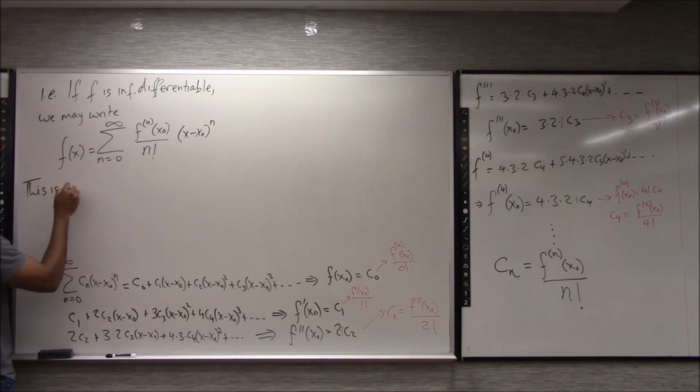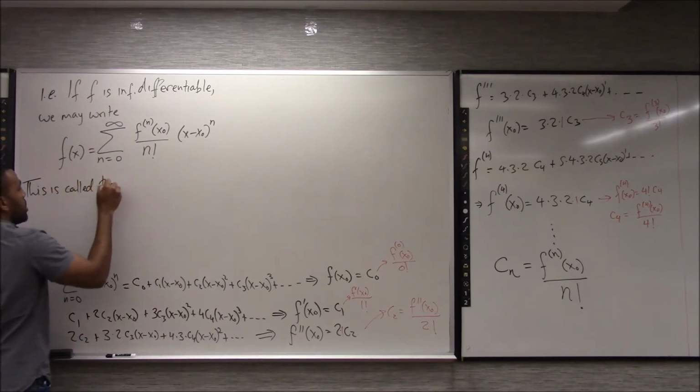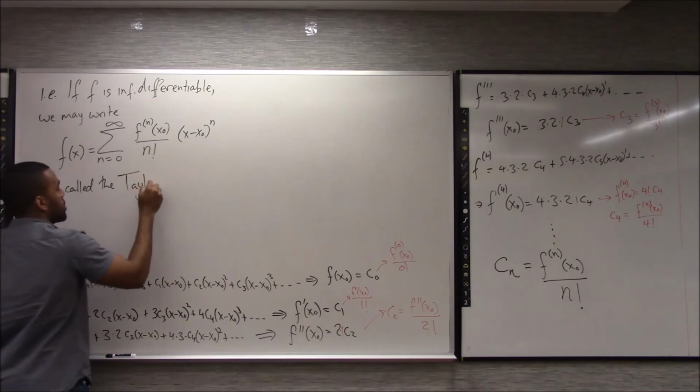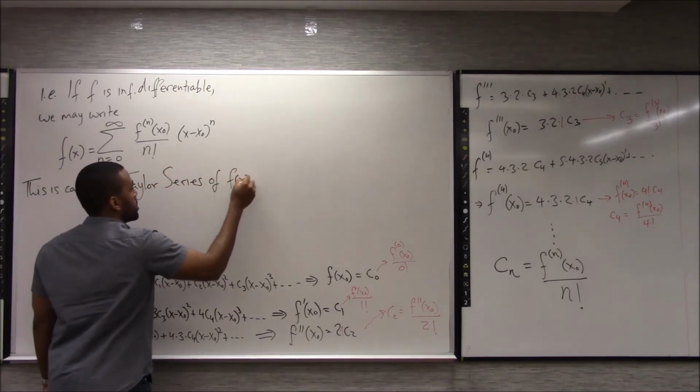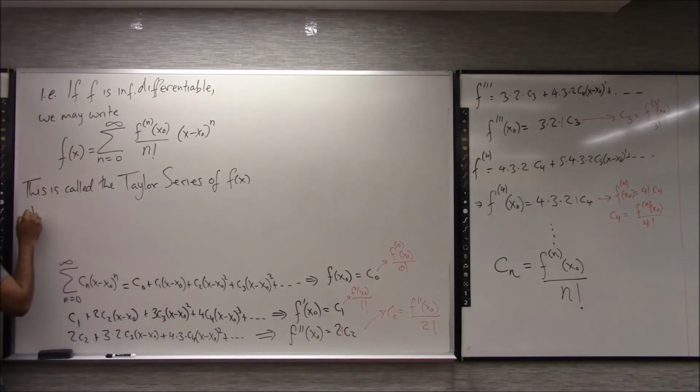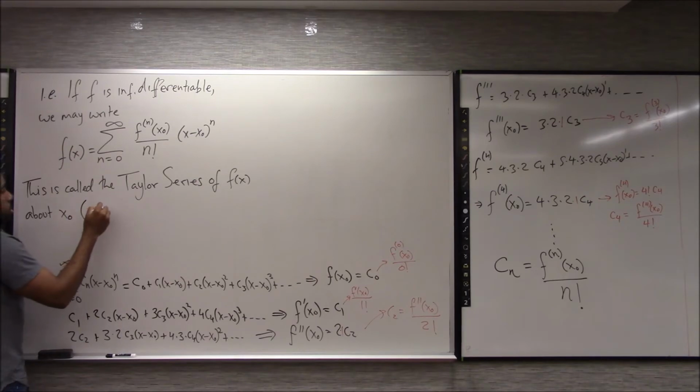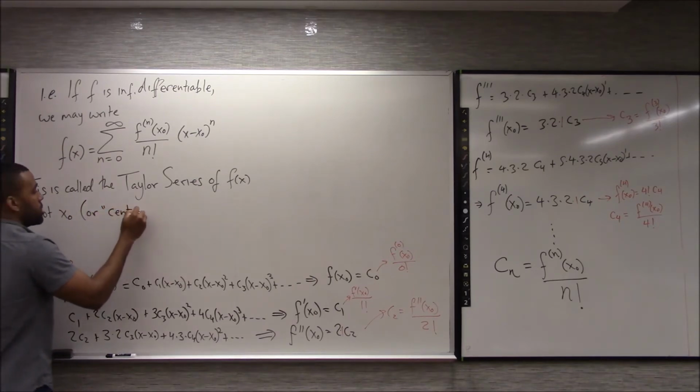This is called the Taylor series of f of x about x naught, or you can often say centered at x naught.